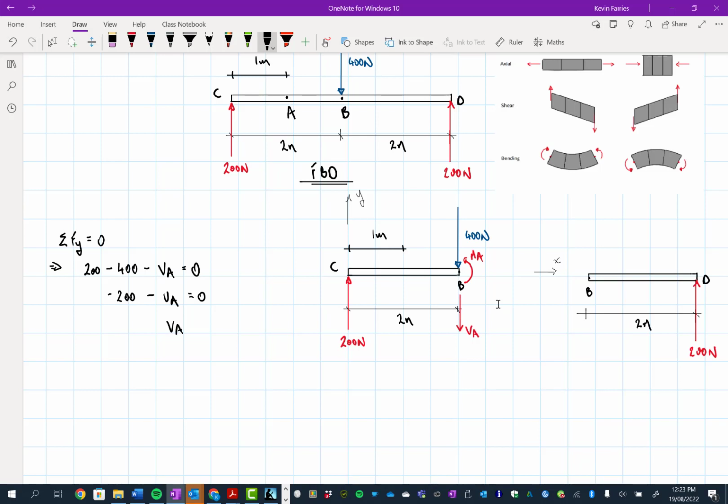Therefore VA is equal to 200 kilonewtons. So it's positive. I'm pretty sure it isn't. We're up 200, you come along here, you go down 400, it's minus 200. And then VA should be down on the left. That's correct.